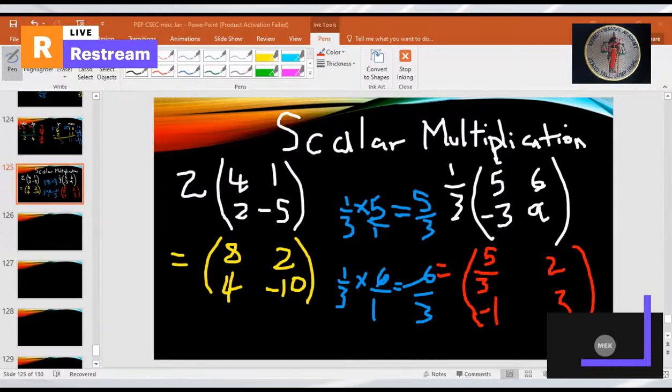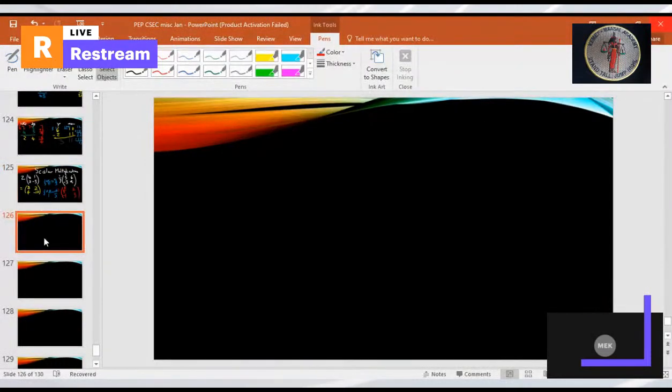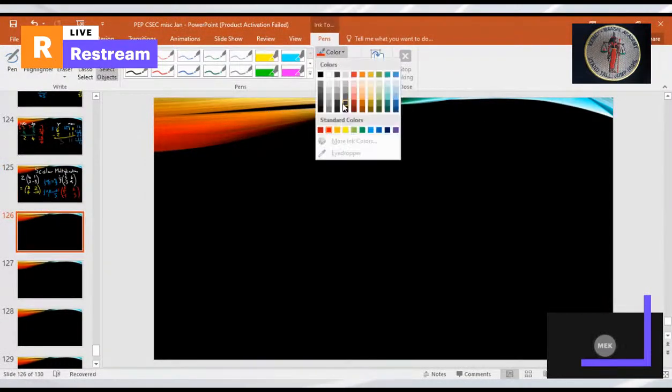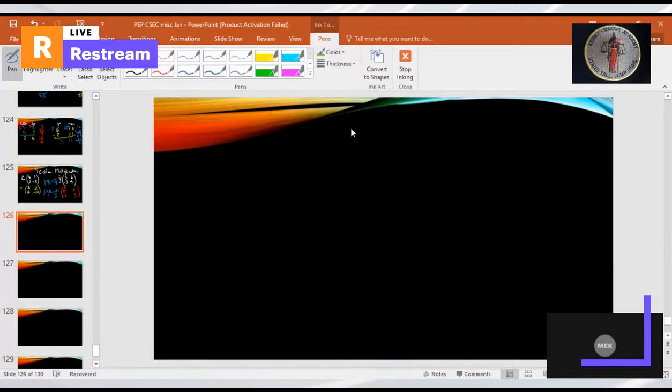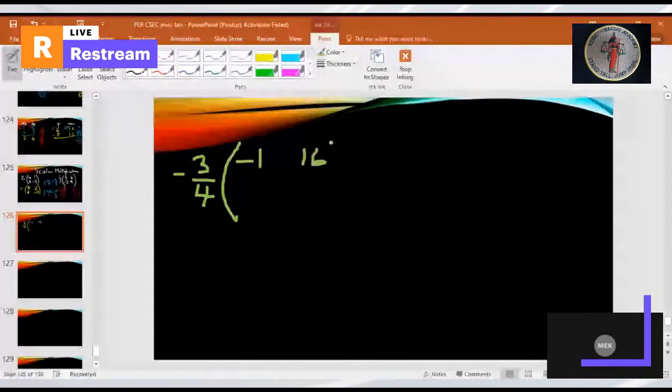Scalar. So let's say we have the scalar is -3/4. And inside the matrix we have -1, 16, 4, and -5.